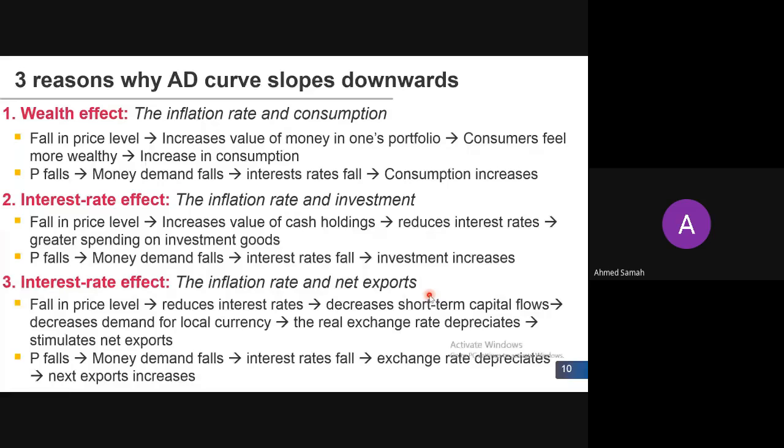For example, if there is a depreciation to 16 rupiah per dollar from 15.42, then a US buyer will be spending $1, but he will be getting goods worth 16 rupiah now, as opposed to 15.42 previously. So foreign countries will demand more goods from our country. So there will be a boost in the exports of the country.